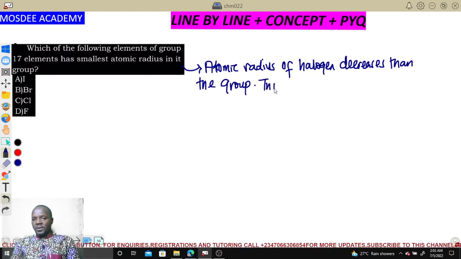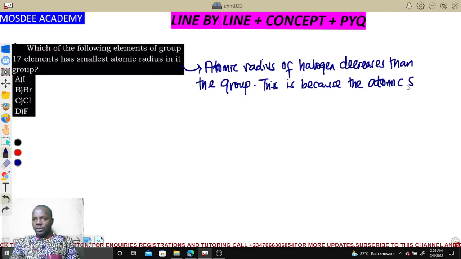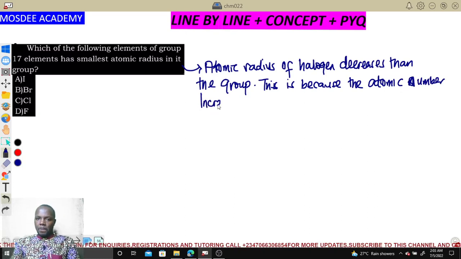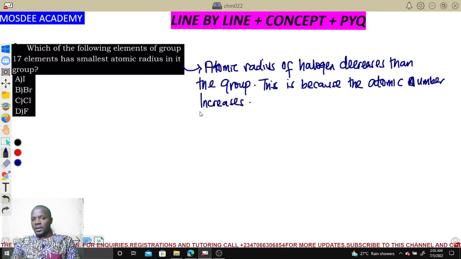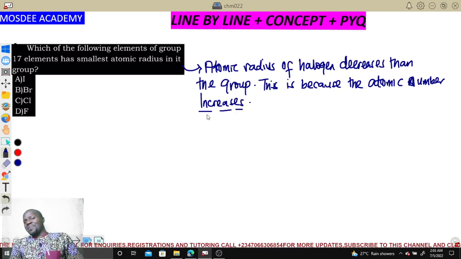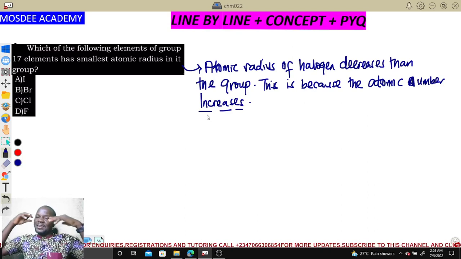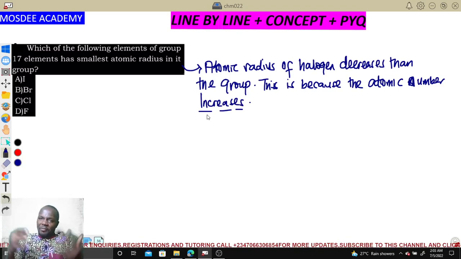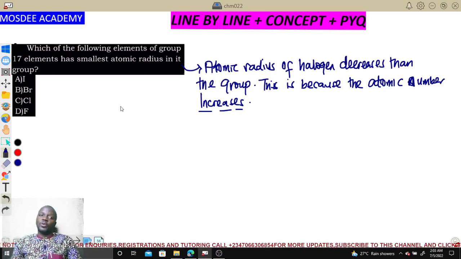This is because the atomic size or atomic number increases. As atomic number increases, electronegativity will decrease, ionization energy will decrease, effective nuclear charge will also decrease, and the bond length is also increasing. So please keep that in mind.